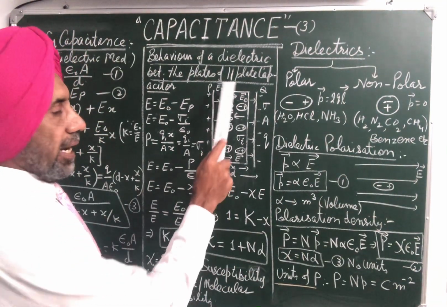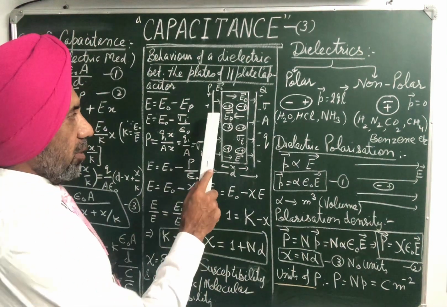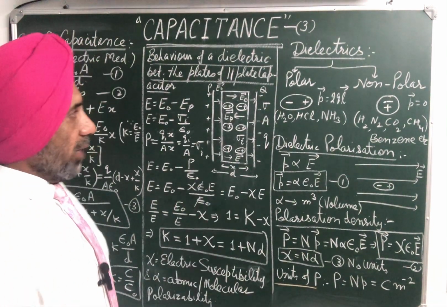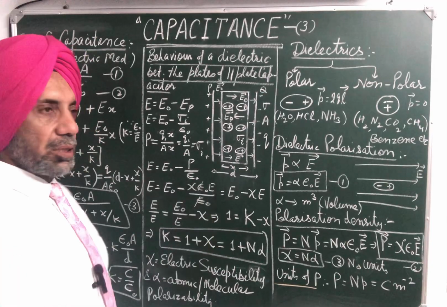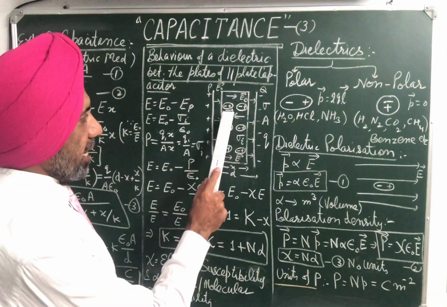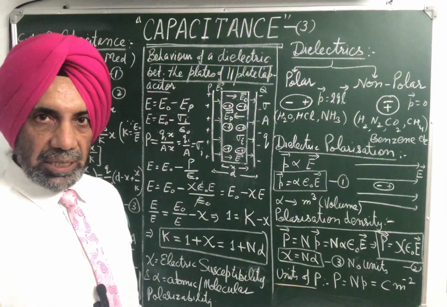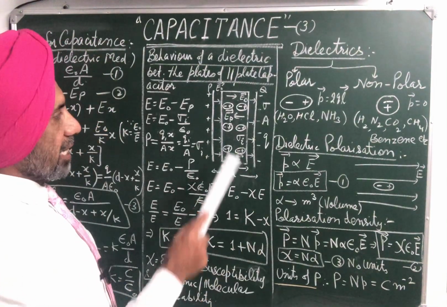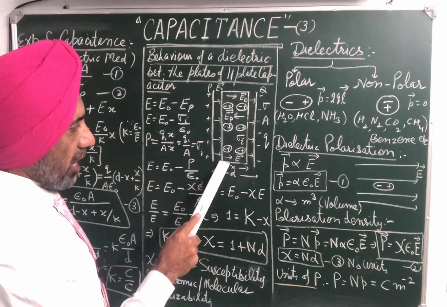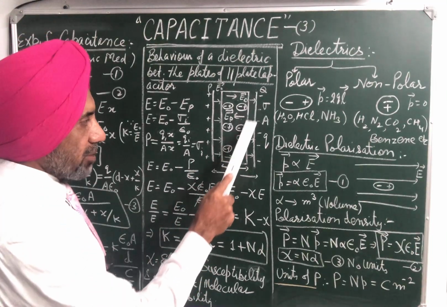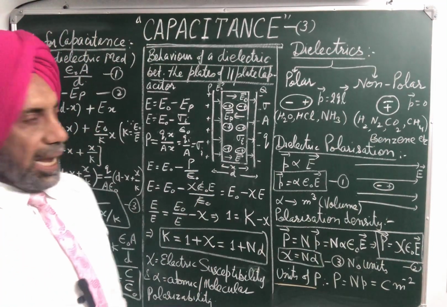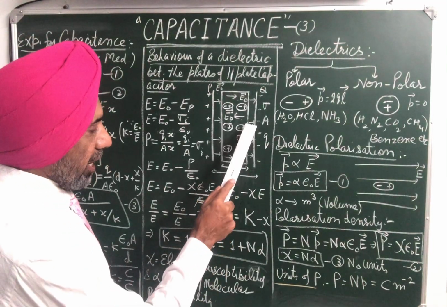Then E naught is the electric field applied between the plates P and Q. Now when a dielectric slab is introduced between the plates, each and every molecule of the dielectric slab gets polarized, gets stretched. As a result, the left side of the slab acquires negative charge and the right side of the slab acquires positive charge. As a result, an opposite field is set up.